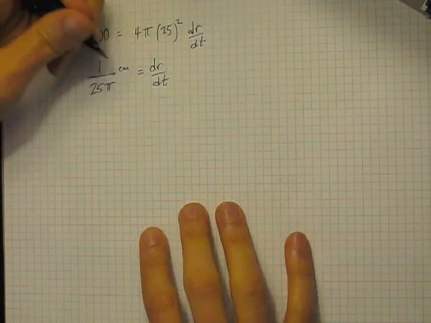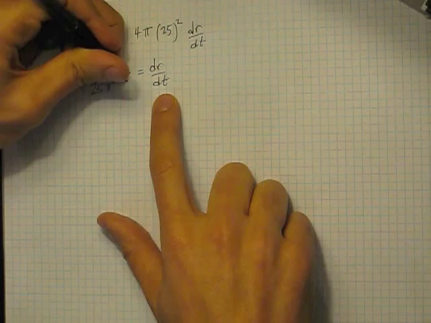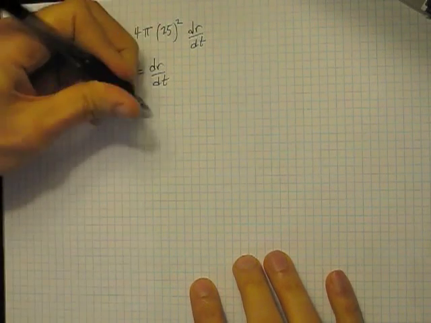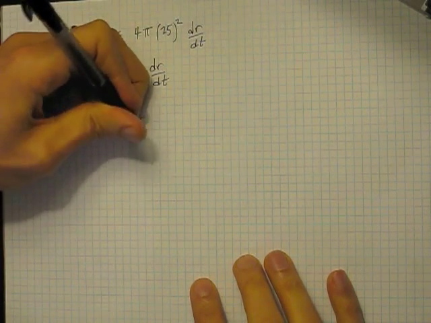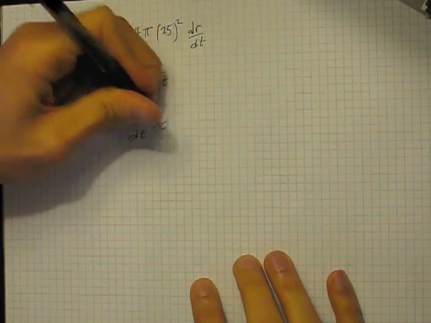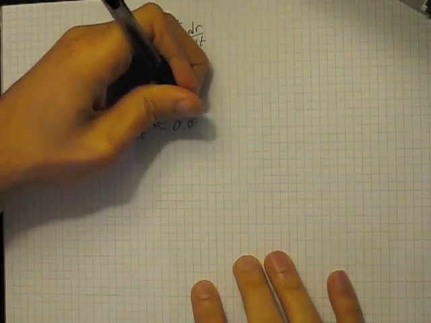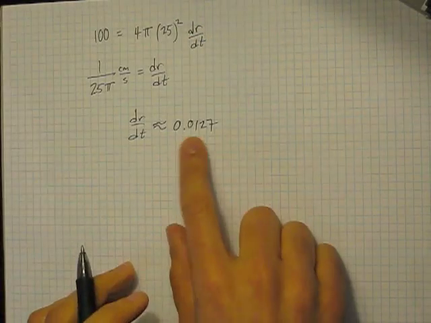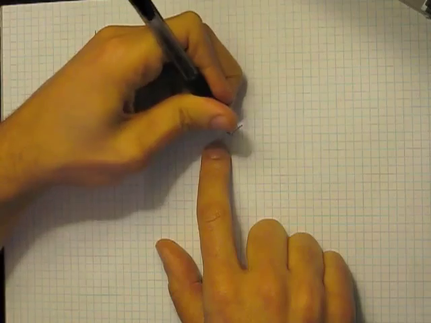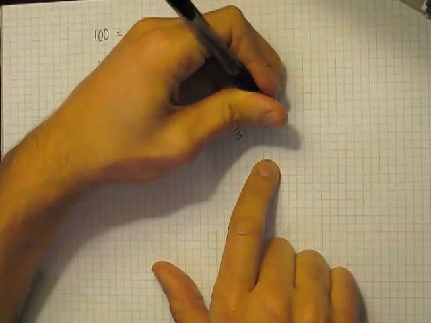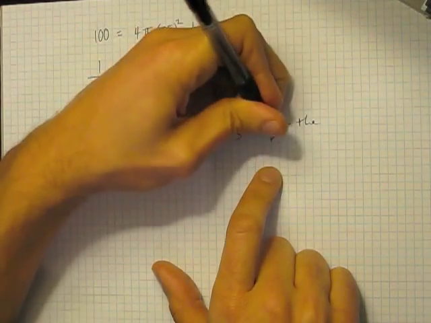And of course, this is a length changing with time, so this is centimeters per second. And so the answer to this, dr/dt, is, well, if we plug that number into our calculator, we'd get 0.0127 centimeters per second, and this is the rate the radius is changing.